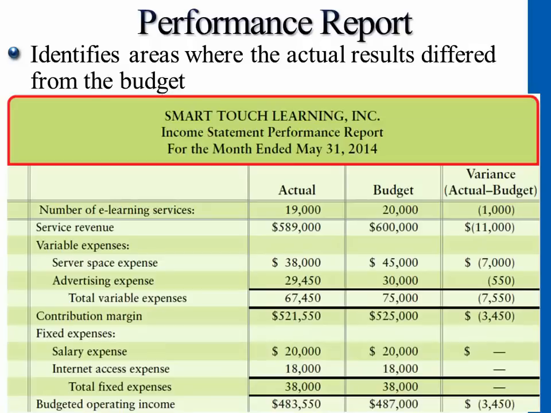So you were expecting to provide service to 20,000 customers. At the end, you only got 19,000 customers. So you have a lower number of services, lower service revenue, which is why all the variable costs are lower than expected, right? Because variable cost floats with sales, floats with service revenue.